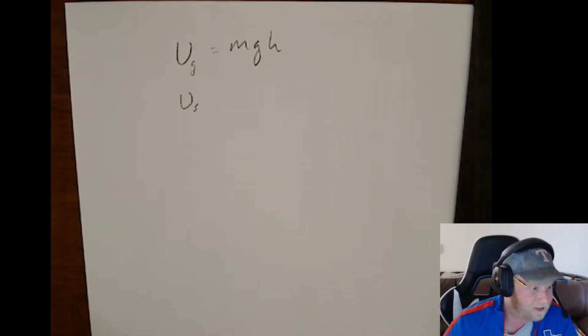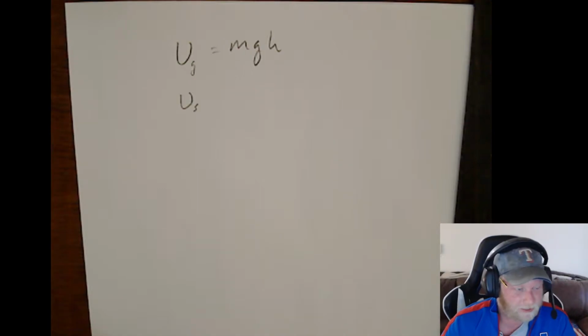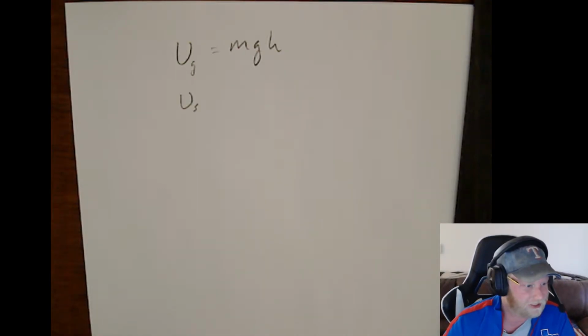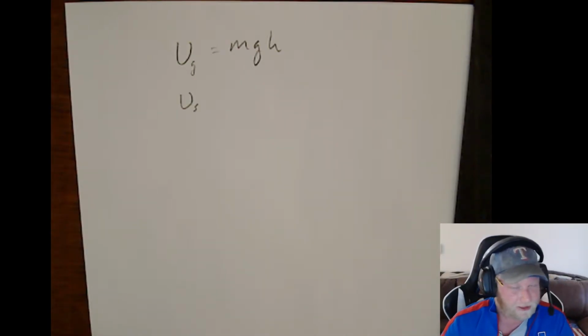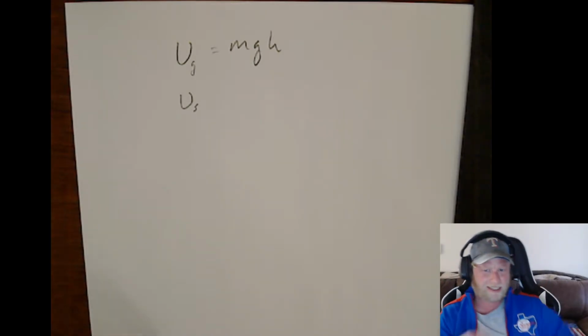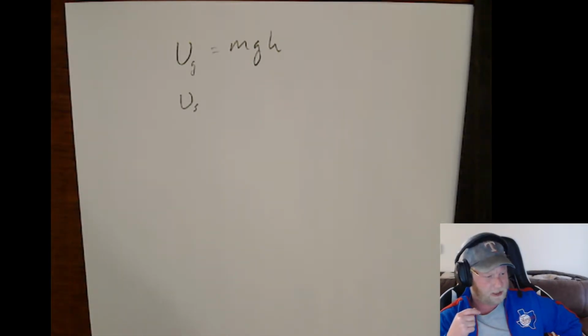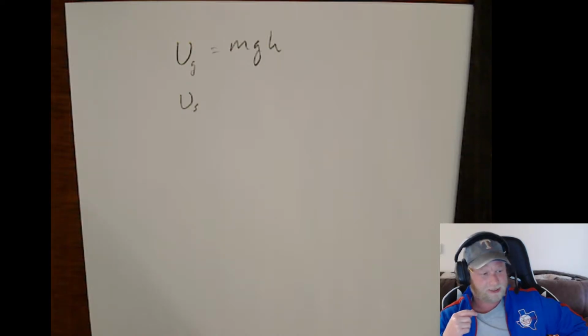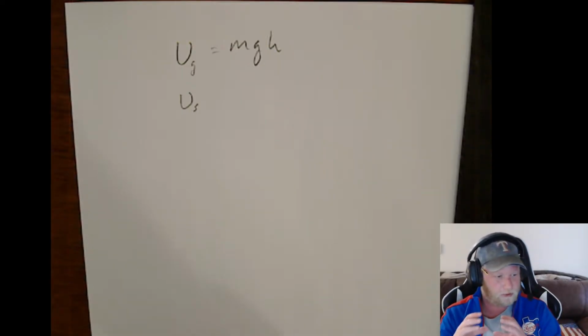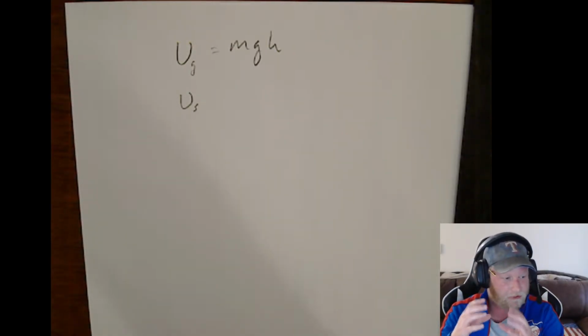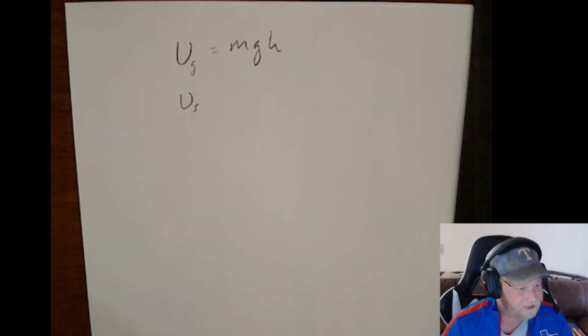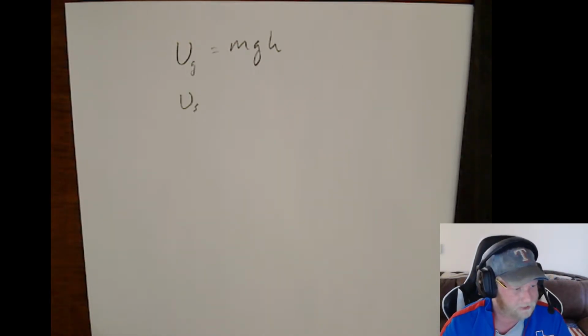That will come in handy with some of these problems because you can adjust where you set height equal to zero to make your math easier. And the reason we can do that, as we talked about with kinetic energy, is that there really is no one true level of energy for an object, because it all depends on what the observer is doing.